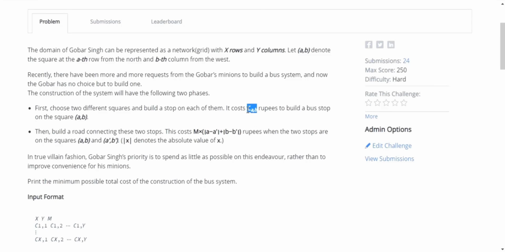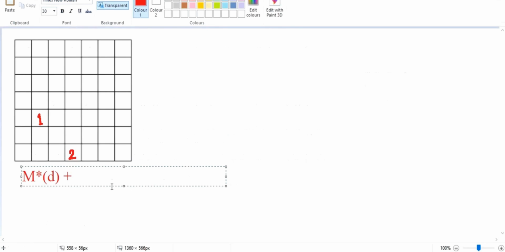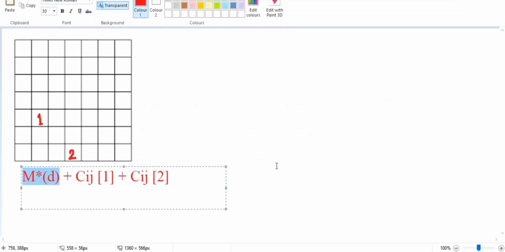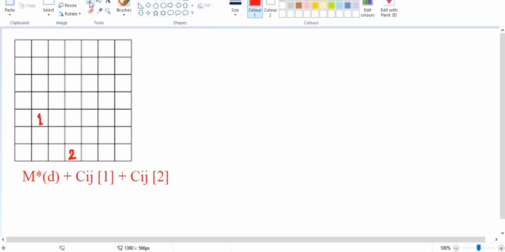This Cij or Cab indicates the cost for constructing the bus stop at that particular cell. So the first bus stop at this particular cell will have its cost, and similarly we'll have Cij for the second bus stop. And this m into d indicates the cost for constructing the road between them. This is my total cost and I have to minimize it.